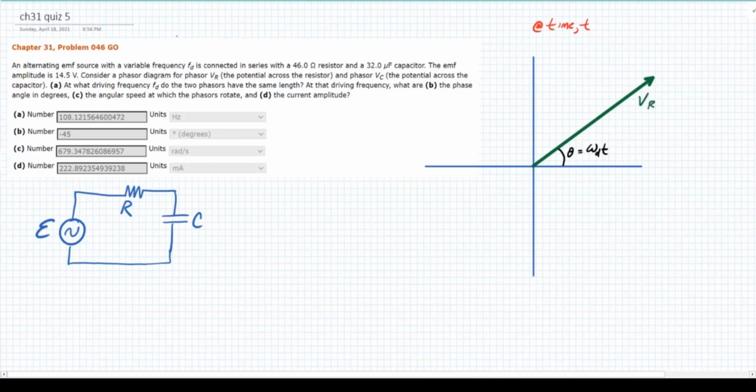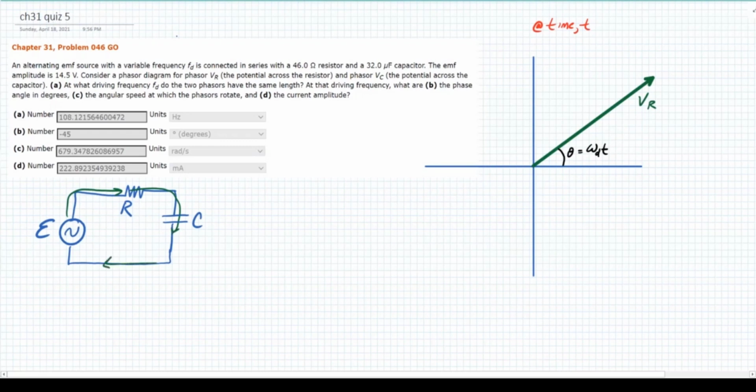I've said this a couple of times, and it's said a lot in the lecture video and the green sheets: the current's the same everywhere. Whatever the current is going through the resistor, it's the same going onto or off of the capacitor, and the same through an inductor.